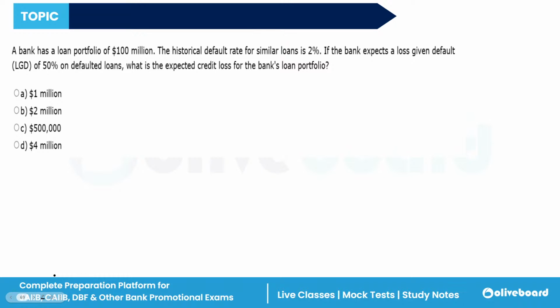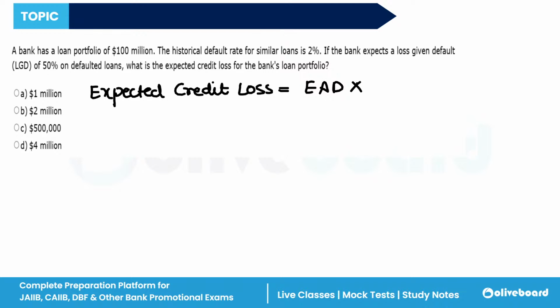See, we have to find the expected credit loss, which is equals to exposure at default multiply by probability of default multiply by loss given default.